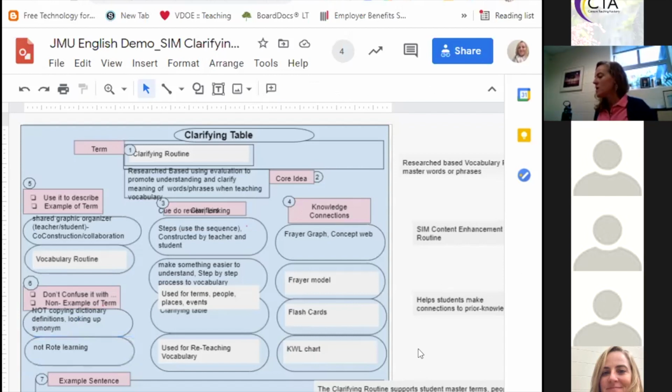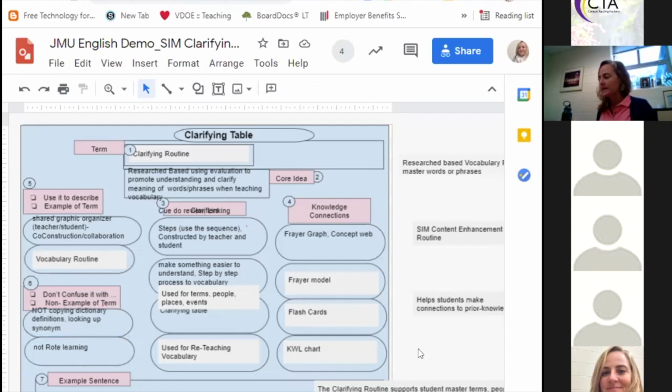All right, so now that we have our term, clarifying routine, our core ideas, that is what we want students to remember, what we want you to remember when you leave here: it is a research-based routine using evaluation to promote understanding and clarify meaning of words and phrases when teaching vocabulary.